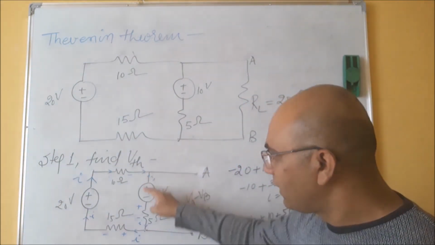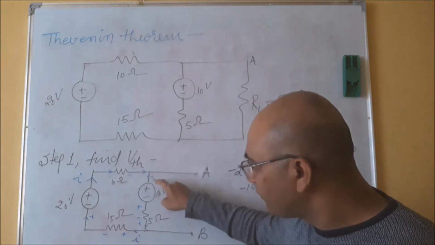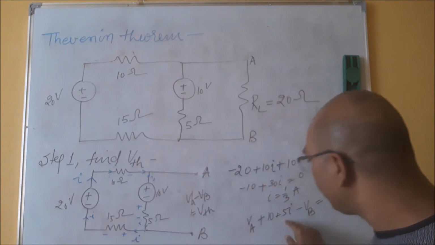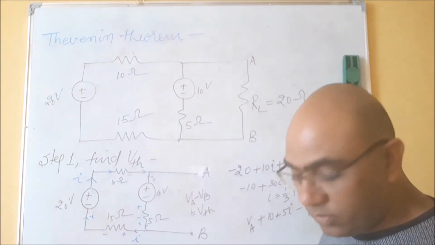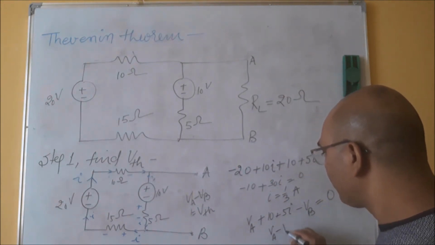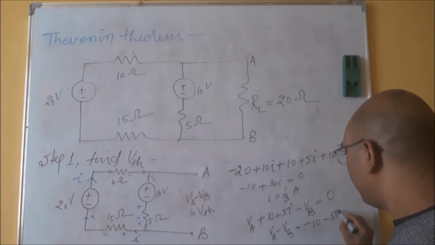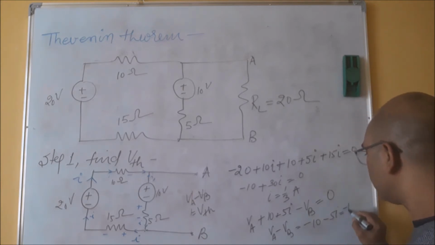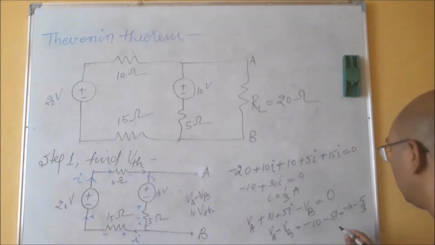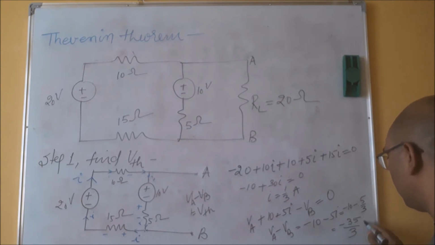So when we move like this, we are moving from VA. At this point we are moving from plus to minus, so plus 10. Here plus to minus, so plus 5i minus VB equals 0. Right, now find the value of VA minus VB. This will be minus 10 minus 5i equals minus 10 minus 5 upon 3. Right, again solve this to get minus 35 upon 3 volt.